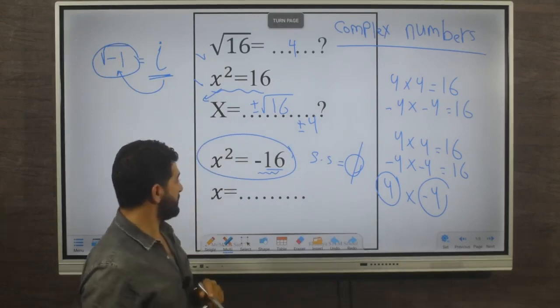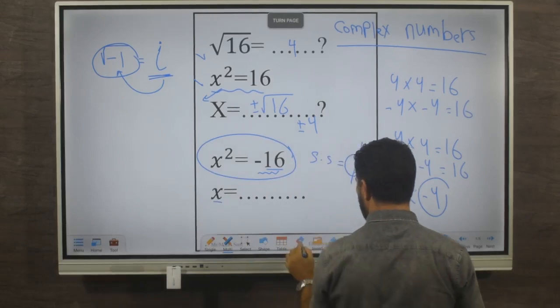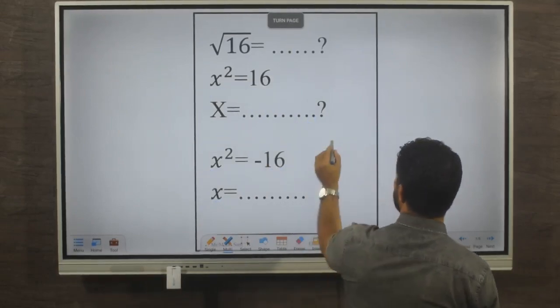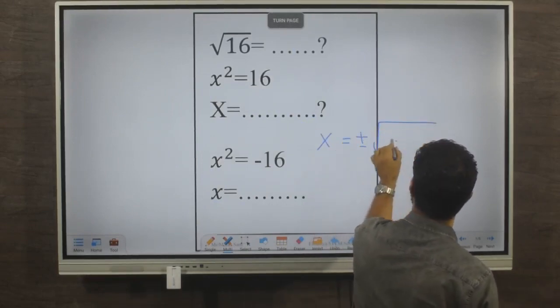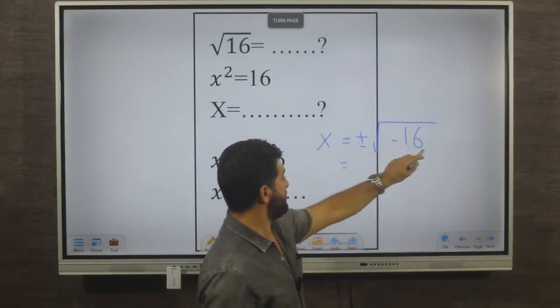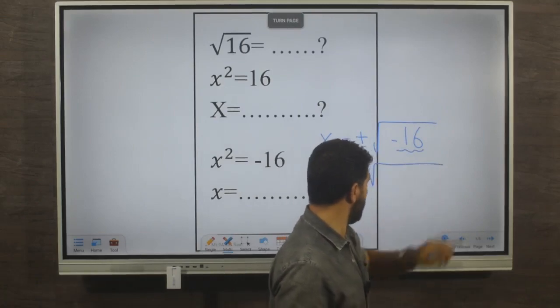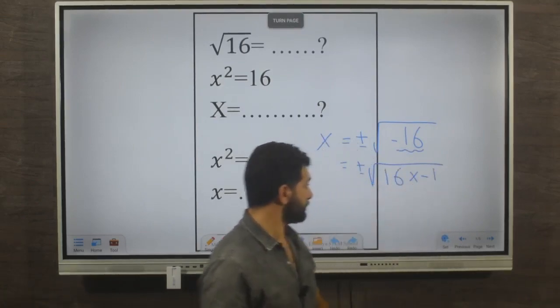So here in this case, we can find the value of x. How can we get the value of x? Pay attention, everyone. So x equals what? Positive or negative the square root of negative 16. We can write this negative 16 as the square root of 16 multiplied by negative 1.